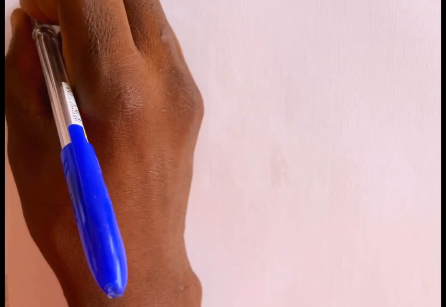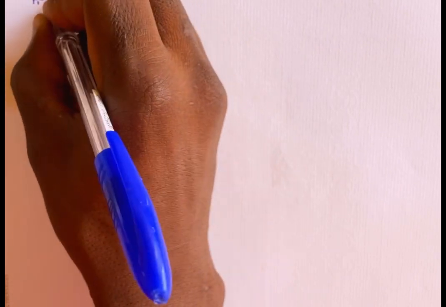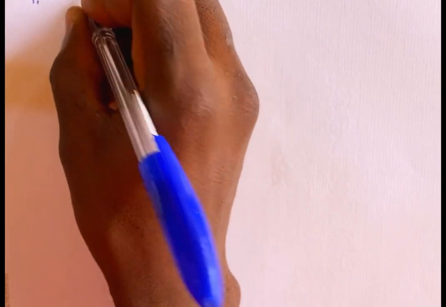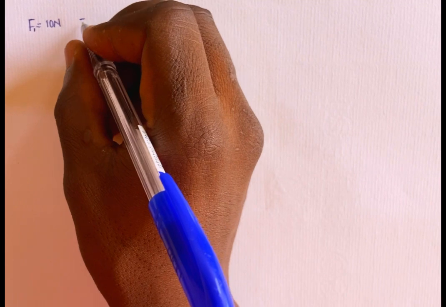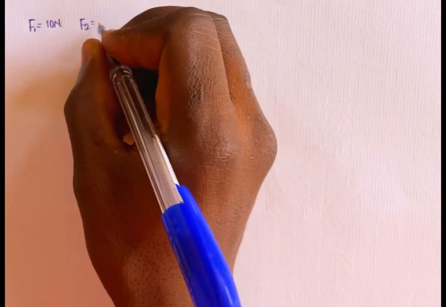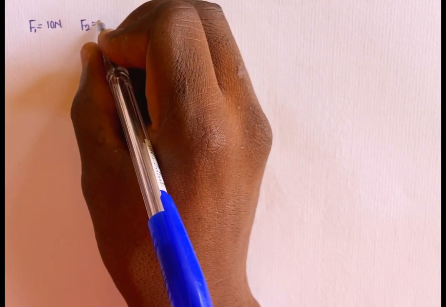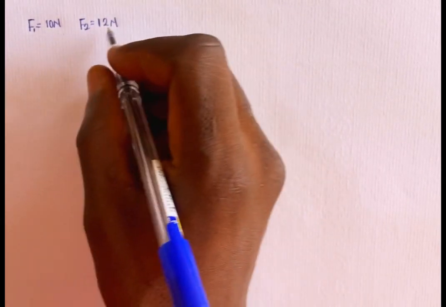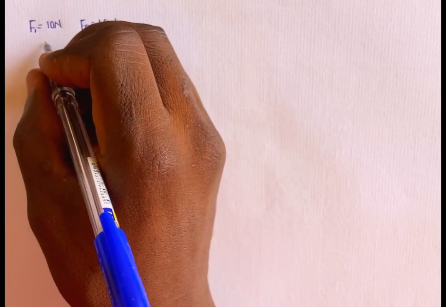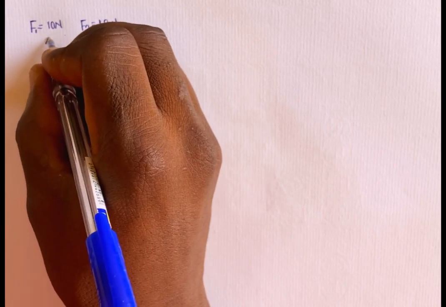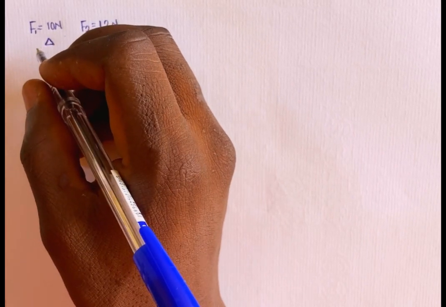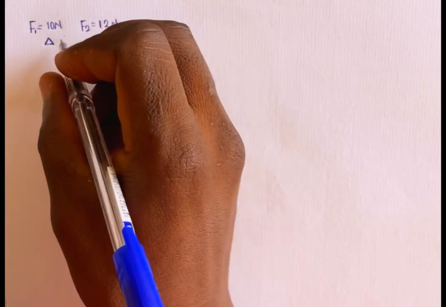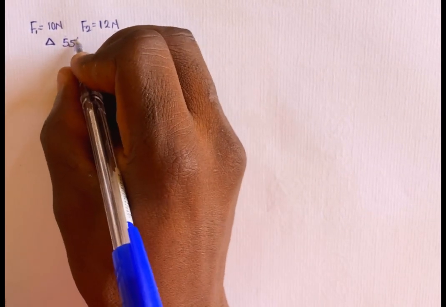Suppose force F1 is equal to 10 Newton and force F2 is equal to, let me just take it to be 12 Newton, right? Both F1 and F2 are acting at an angle of 55 degree to each other, right?